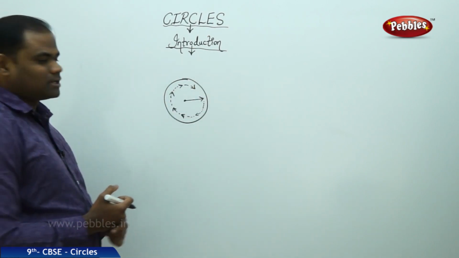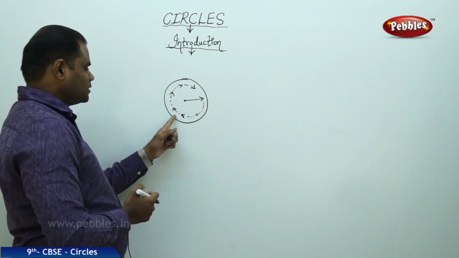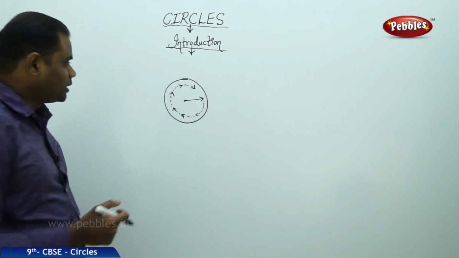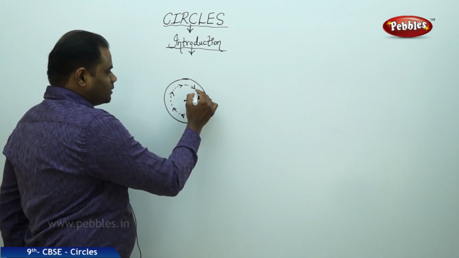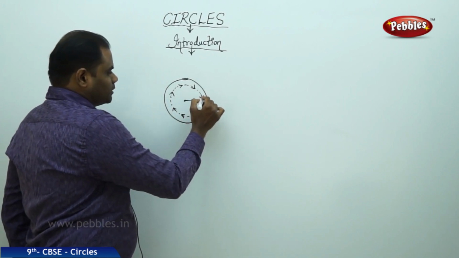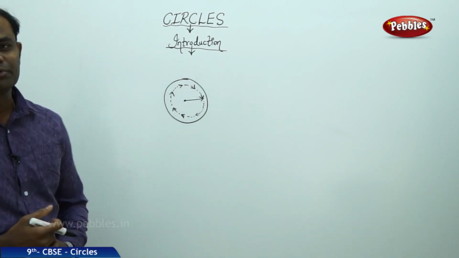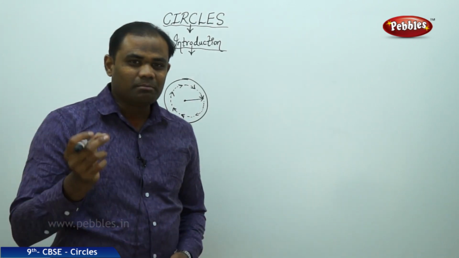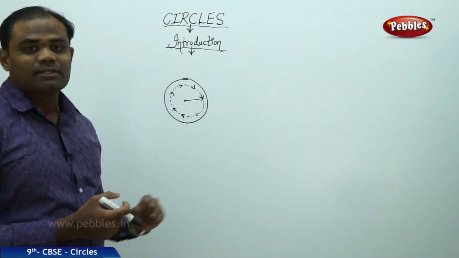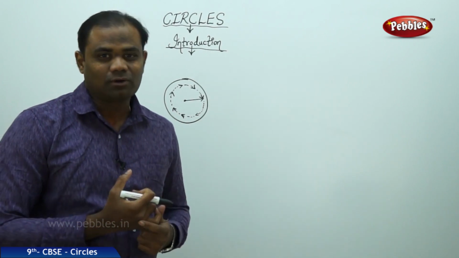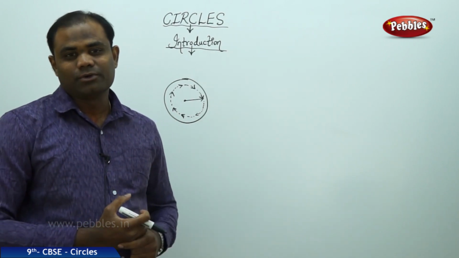So this second's hand, which moves in this clockwise direction in the wall clock, returns back here and makes a circular motion. So the motion made by the tip of the second's hand in the wall clock is called circular motion.